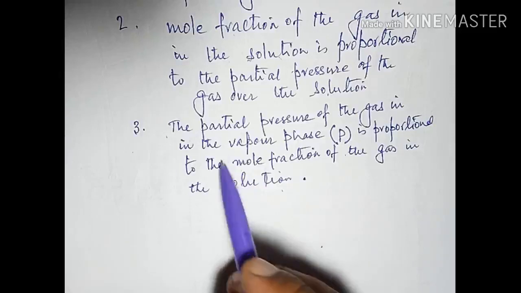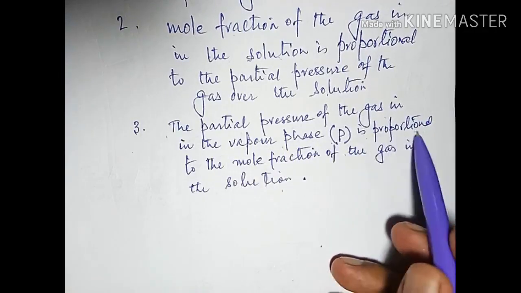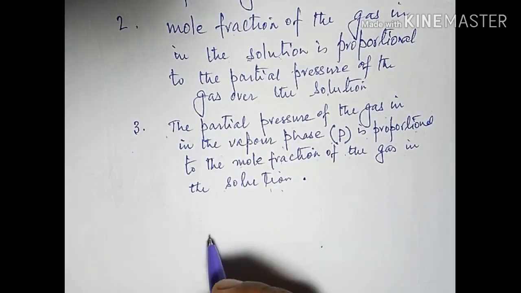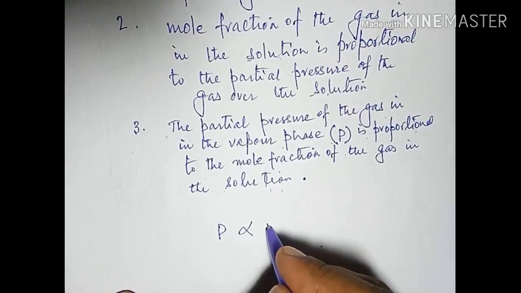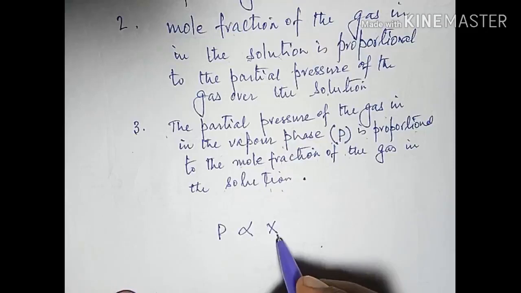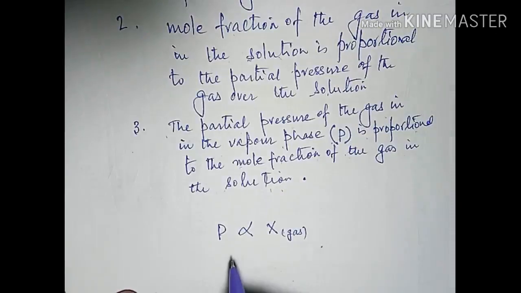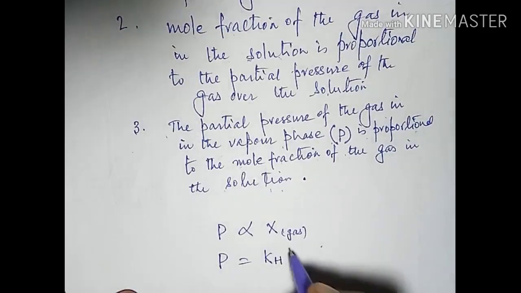Only the changes we'll observe are in the proportionality constant. So we are going to use the third one: the partial pressure P of the gas in the vapor phase is proportional to the mole fraction of the gas in the solution, which implies P is directly proportional to X, that is the mole fraction of the gas in the solution. Or we can say P is equal to KH times X, where a proportionality constant is introduced.